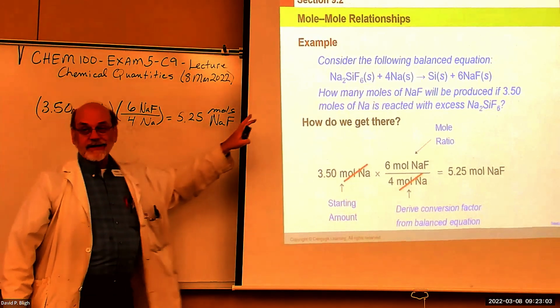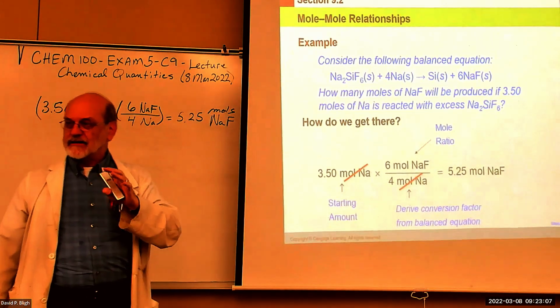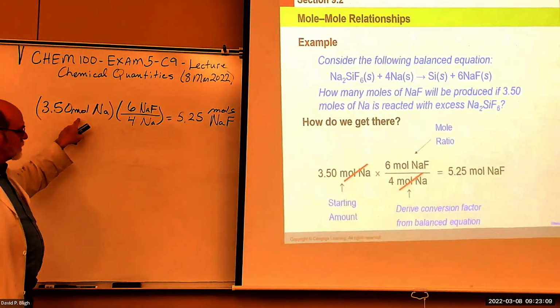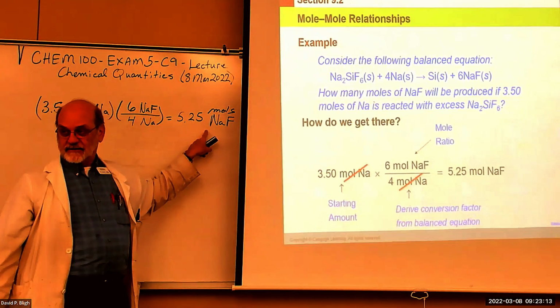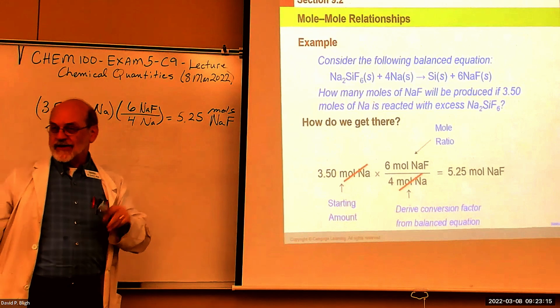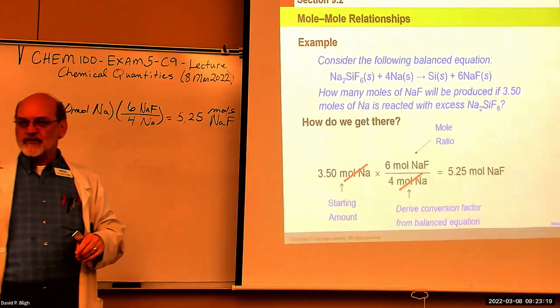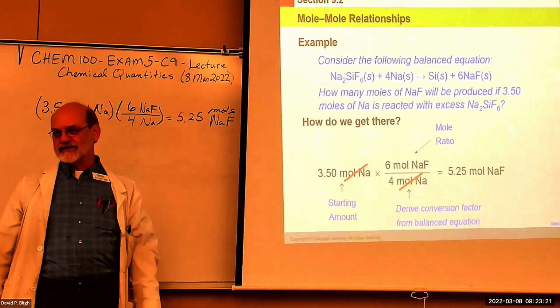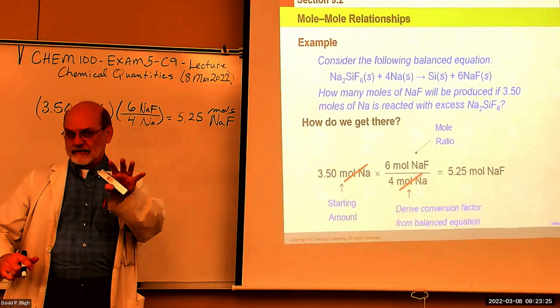All of this is theoretical. Right? This is if 100% of that sodium is reacted to produce that compound. Right? And I'll just give you a heads up. In the real world, that never happens. 100% conversion never happens. There's always a fly in the ointment, but we're going to deal with it later.